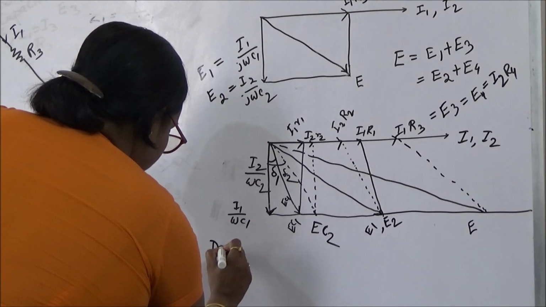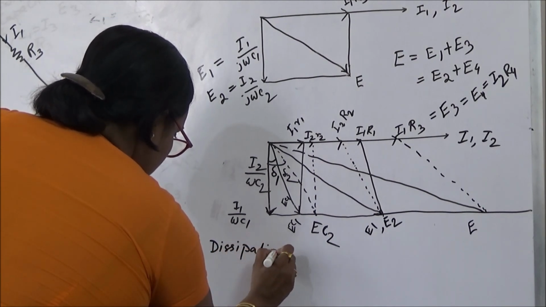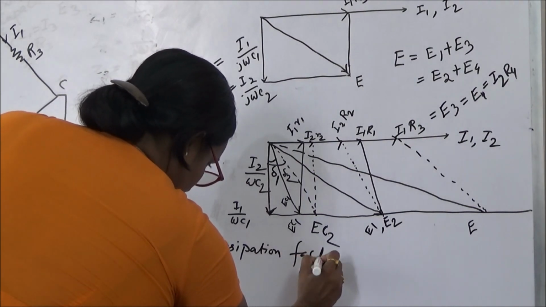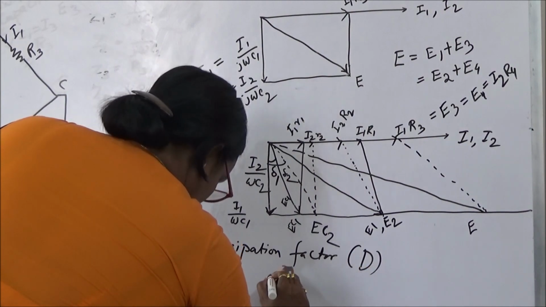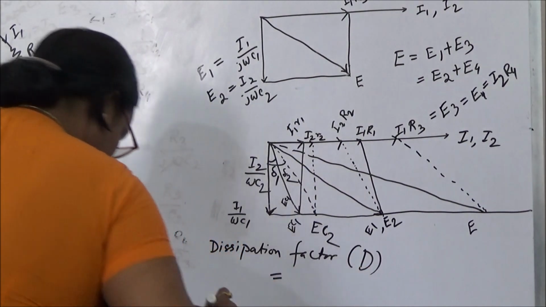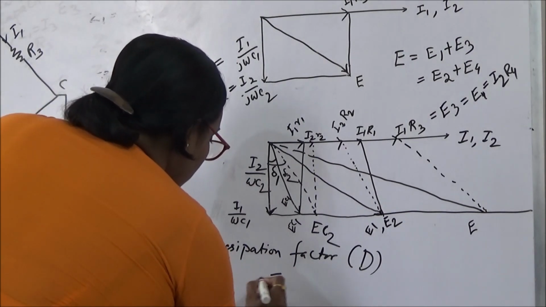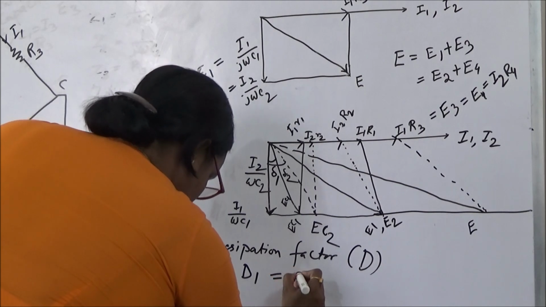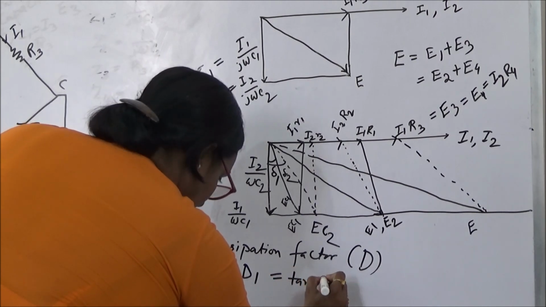So dissipation factor is denoted as D, and this one is equal to, for capacitance 1 C1, tan delta 1.